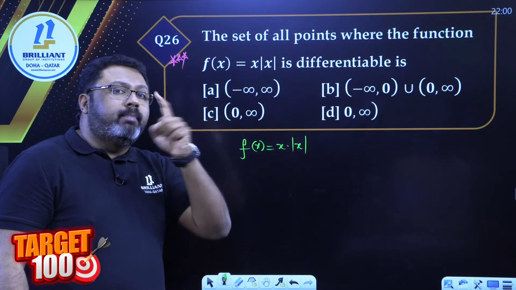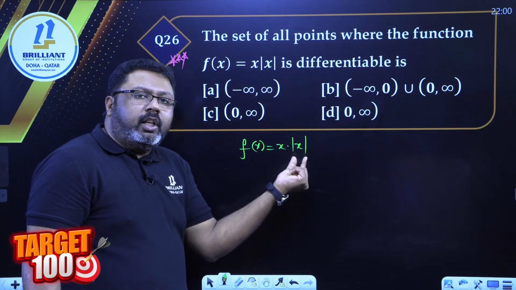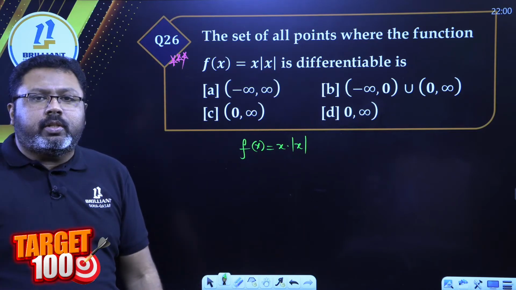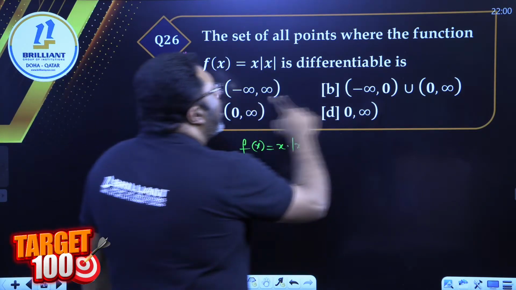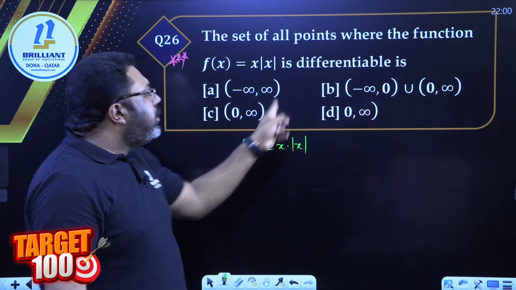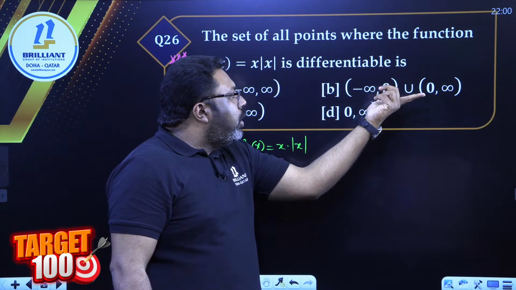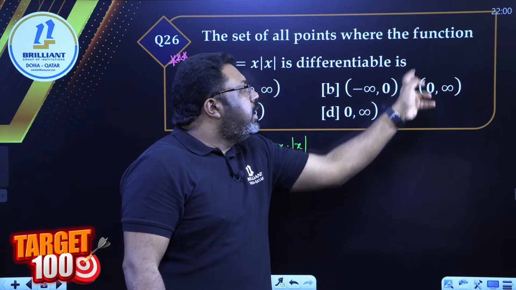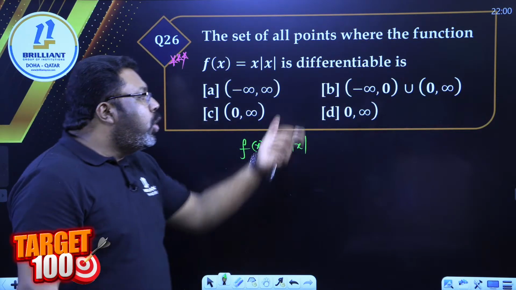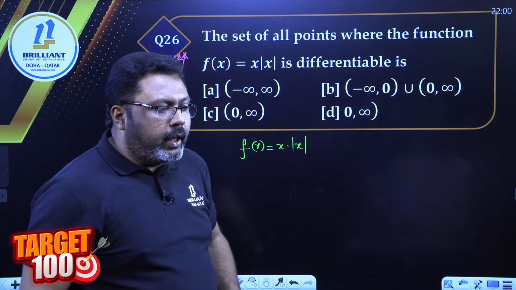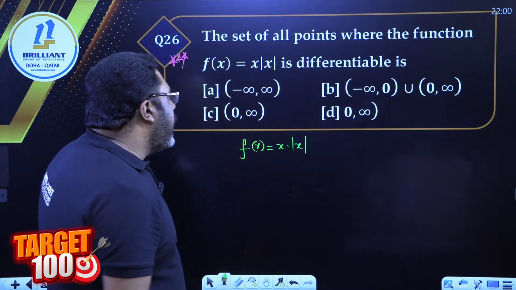Modulus x is mod function, so it's continuous, no doubt, and you would say it's not differentiable at x equal to 0, sir. So your answer would be option B, because option B excludes 0. See, minus infinity up to 0, excluding 0, union 0 to infinity, excluding 0. So you will tick option B. According to the shortcut, it's a wrong answer.